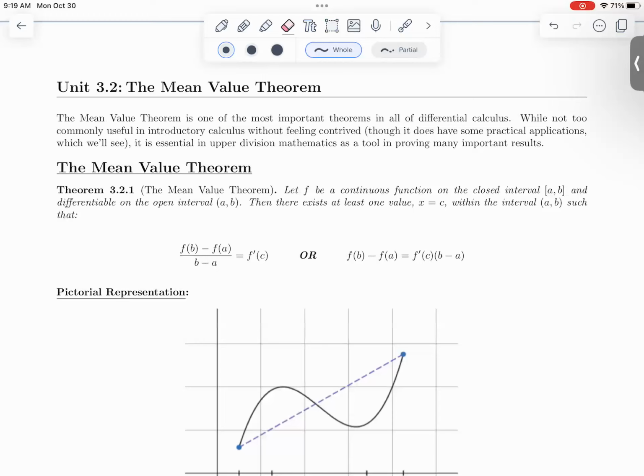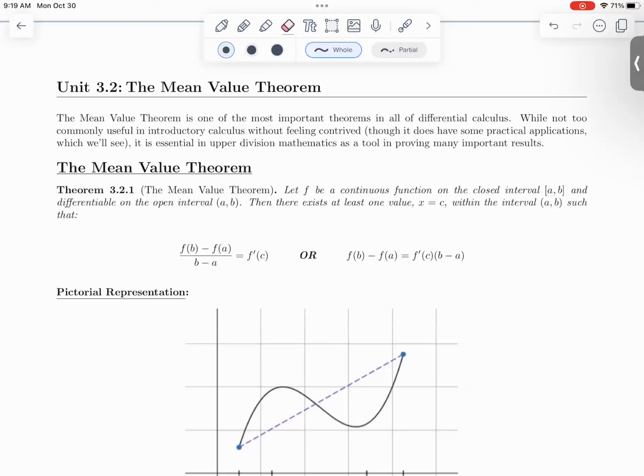So super important for theoretical mathematics. You can use it in some fabricated practical applications that don't really exist, besides just me talking about them in this class and then bumping into you on the street and making up a problem. So not super useful, which is why we're going to kind of gloss over it.